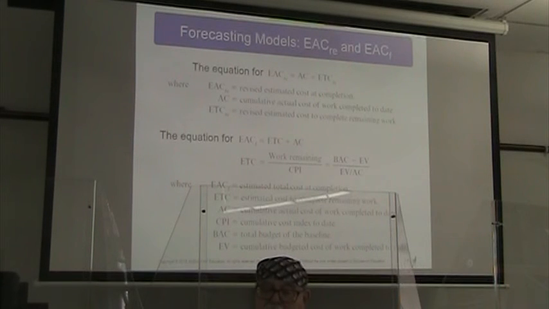We calculate that estimated cost to complete the remaining work by taking the amount of work remaining and dividing it by our cumulative cost index to date. To break that down further, that's our total budget baseline at completion minus the earned value, divided by the earned value divided by the actual cost.